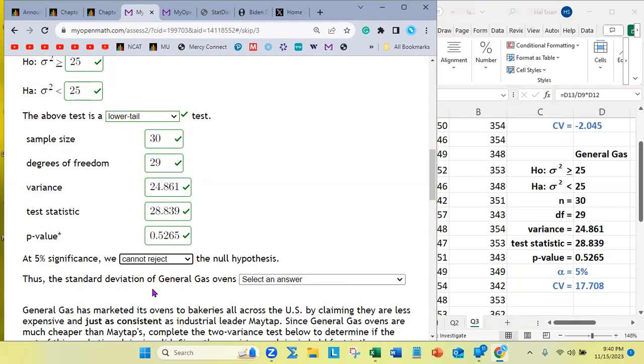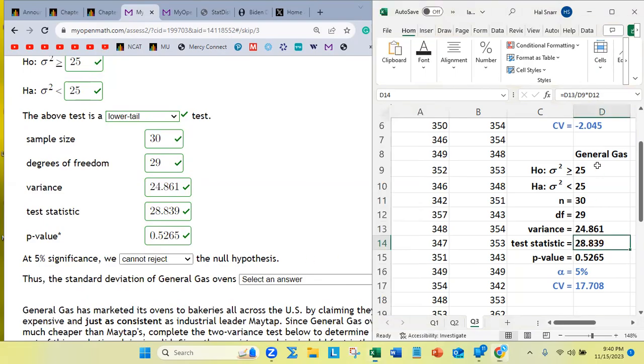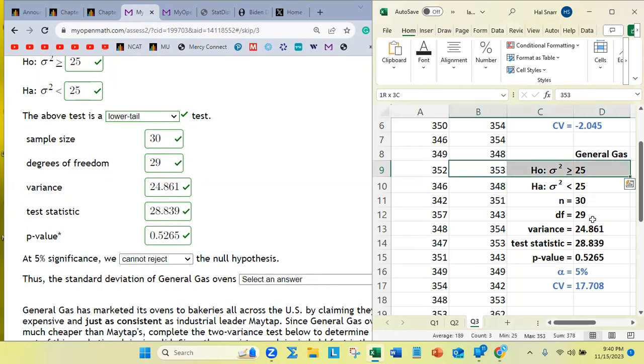Now, what does that mean? When you cannot reject the null, you're saying the data suggests that this is true. Our data is suggesting this is true. And what does it mean that it's true? Well, the variance is equal to or greater than 25, or the standard deviation is equal to or greater than 5.